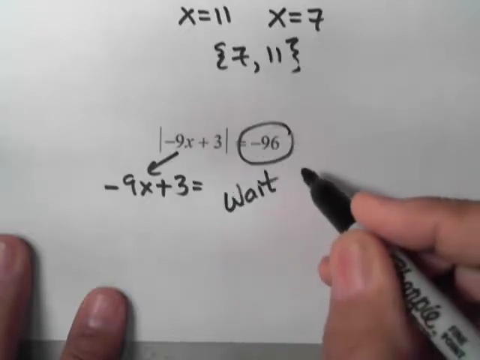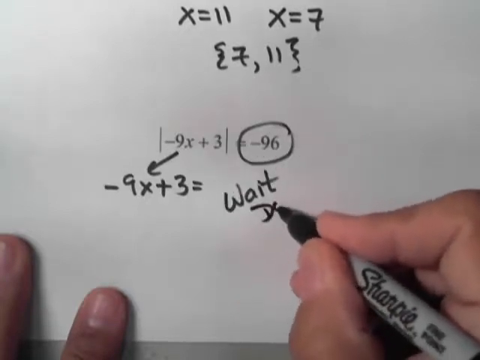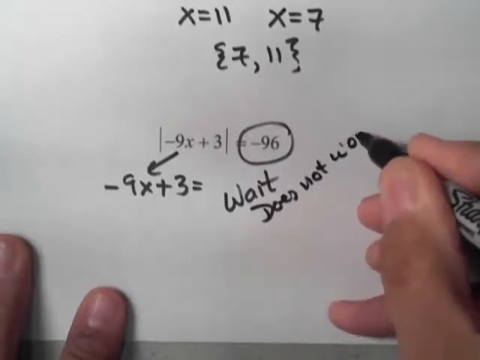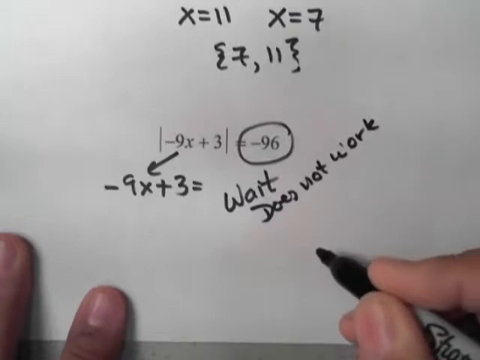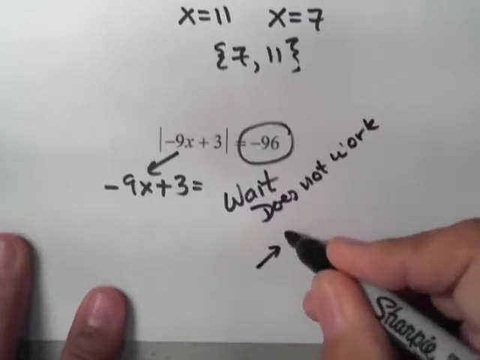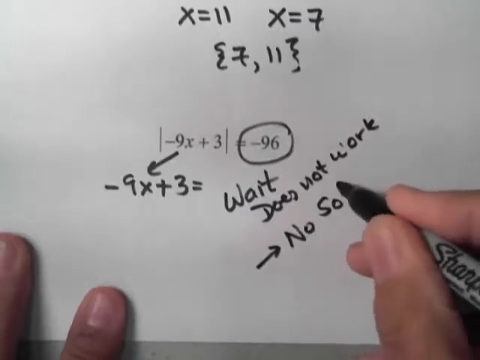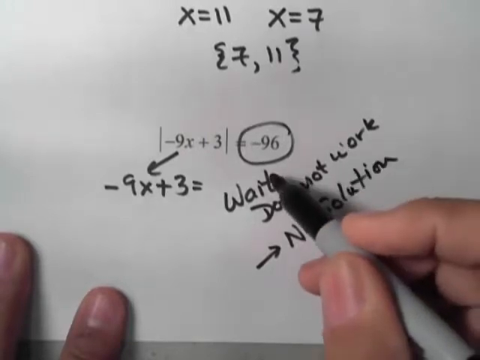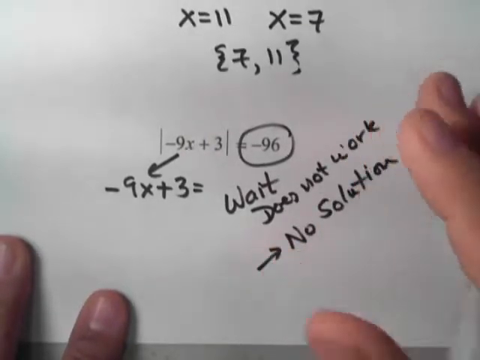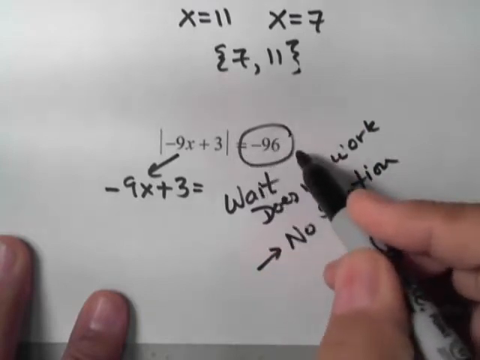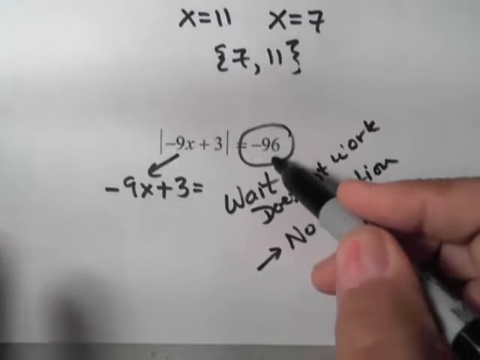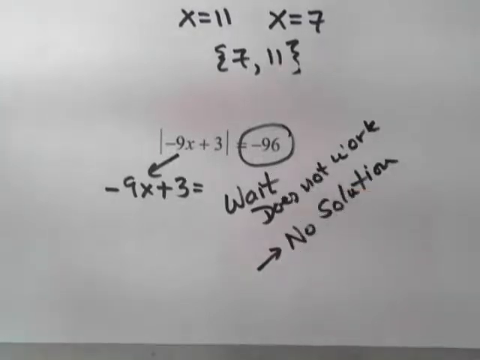So, since this does not work, that means there is no solution to this one. Okay, so there we go. Watch out for cases like this. Remember, anytime you have an absolute value, you always have to have a positive number on the right, because the answer to an absolute value is always going to be positive.